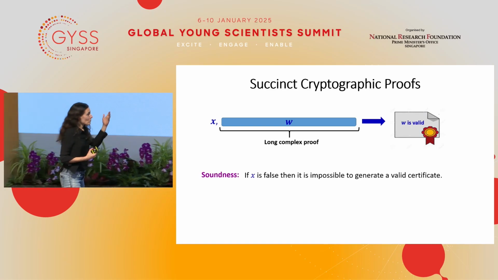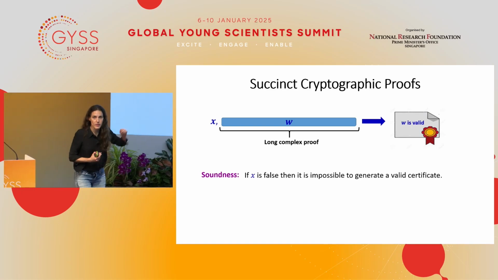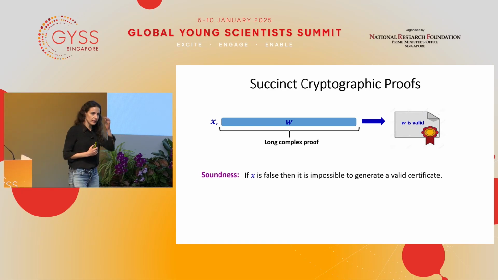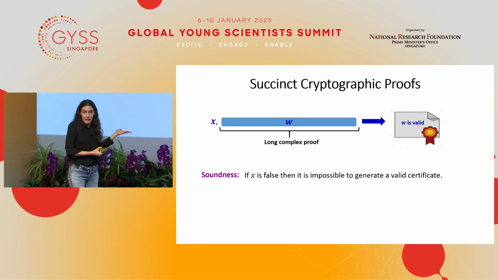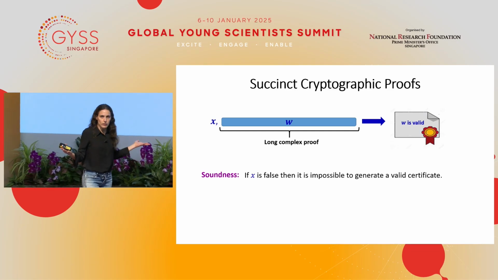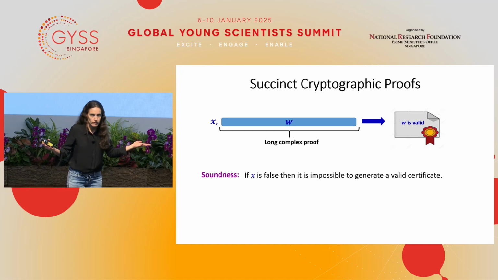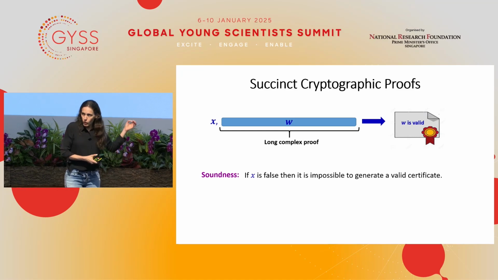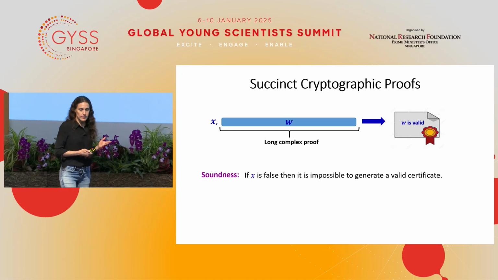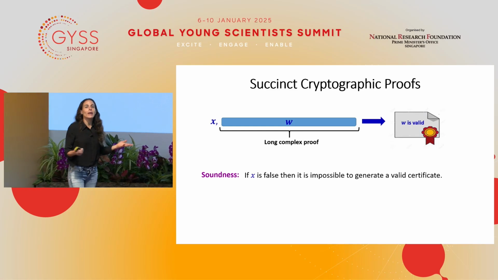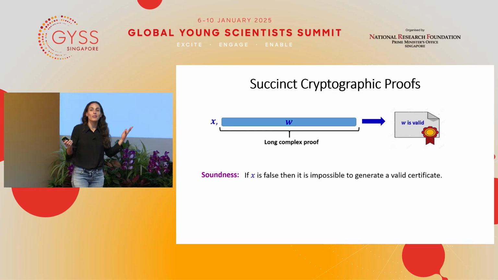What is the guarantee that we want from this certificate? We call it the soundness guarantee. We want it to be the case that if the statement is false, if X is false, you should not be able to generate a certificate. You can generate a certificate only for true statements, otherwise, what's the point? This is a must-have guarantee, but we can't have that guarantee. As I mentioned, there's an impossibility.